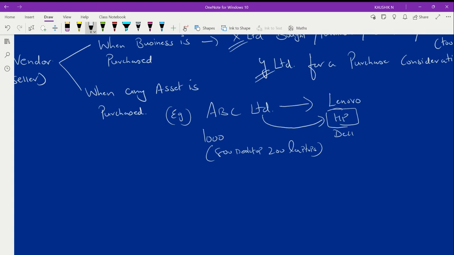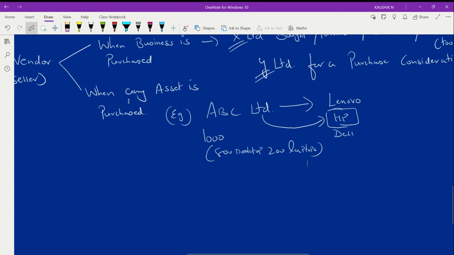If the company refuses, stating that no, I don't want the entire amount to be settled in the form of shares, I want some payment in the form of cash and the remaining in the form of shares, it is up to the will and wish of the company, so we can't compel the company.